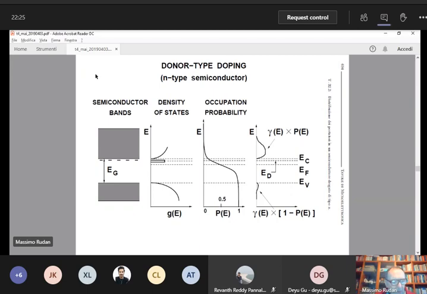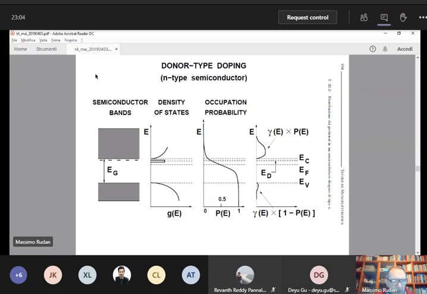But if you go to a temperature that is above 0 Kelvin, sooner or later there will be enough energy in the crystal to be captured by the electrons belonging to the phosphorus atoms and make a transition into the conduction band. And this is very easy because the difference in energy is so small. So a very little energy is necessary for the phosphorus atoms to ionize.